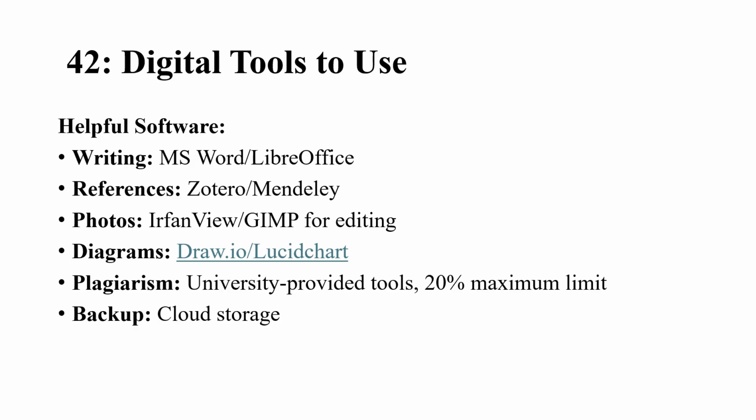And for plagiarism check, every university has software for this, and if it's not there, try to collaborate with other universities and get your report checked for plagiarism. We are expecting plagiarism to be not more than 20%.